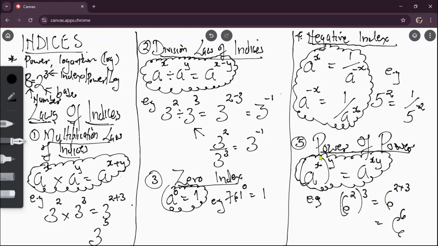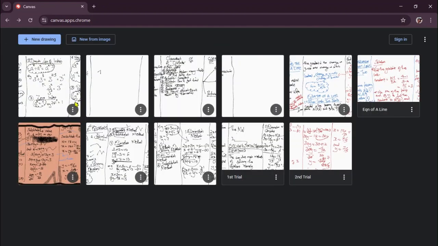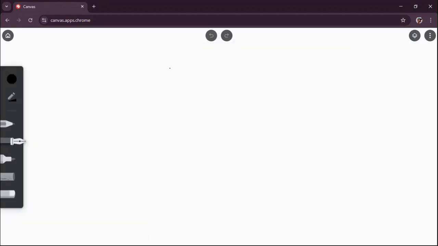Then I want also to go ahead. This is law number 6. Let me open another page here and we go to the next law.